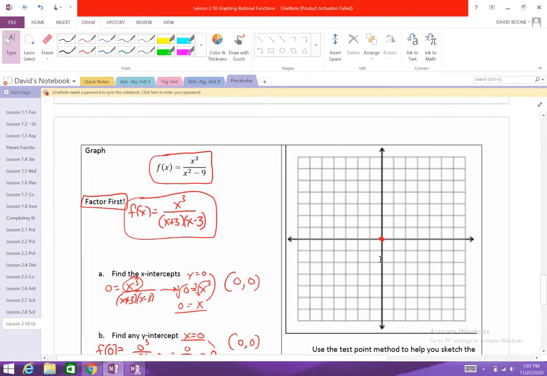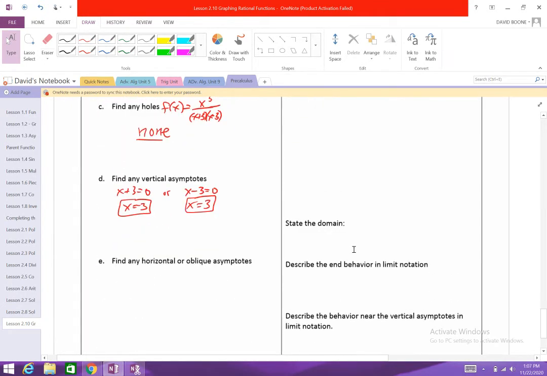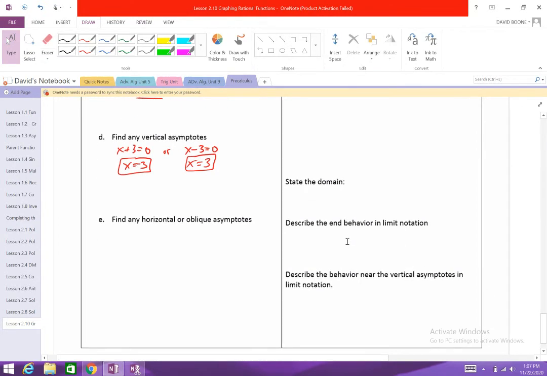Okay, so if we assume that every square is a 1, this is a 1 by 1 square. This is still 1, 2, 3. So we've got a vertical asymptote right here, and then one at negative 3. All right. So let's go down here and see if we can find any horizontal or oblique asymptotes.